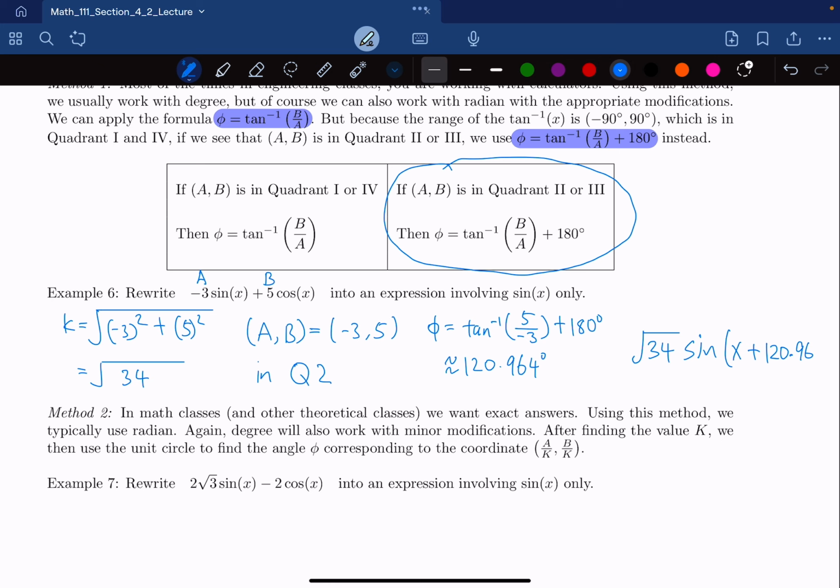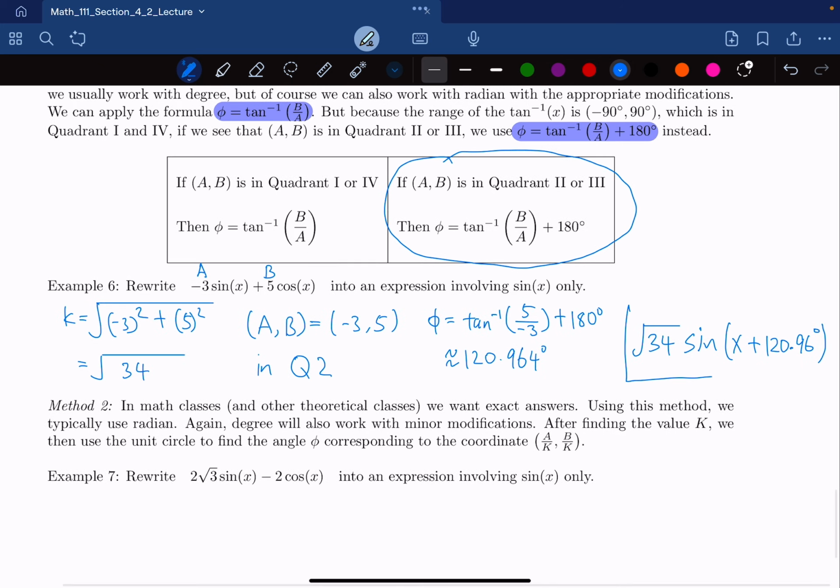I'm running out of room here. Okay, and that right there is our final answer: k sine of (x plus phi).